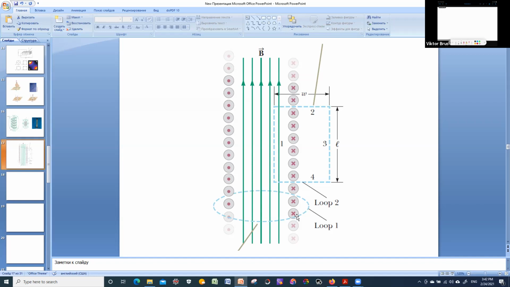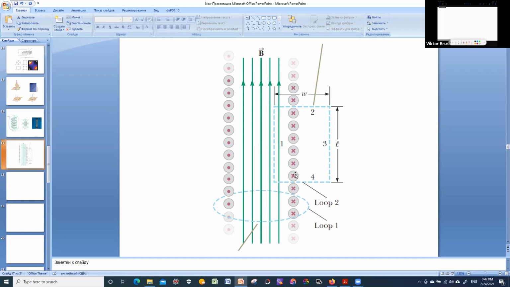That's why the magnetic field outside the solenoid is relatively weak. However, the magnetic field inside is caused not just by one wire. When we have a solenoid made of turns of wire located very close to each other, like shown in this image, we can consider one turn as a closed coil, a closed current loop.